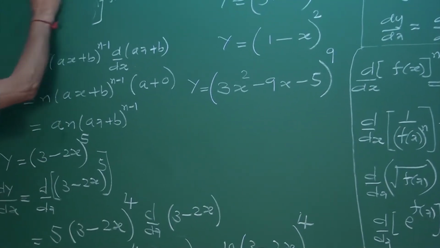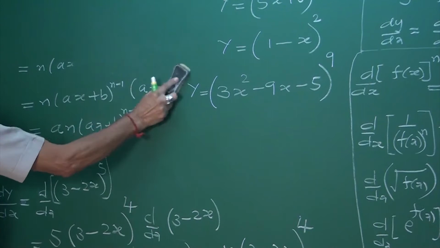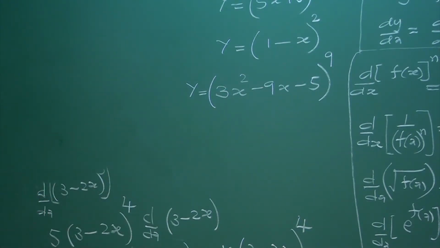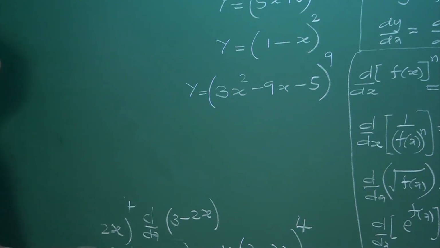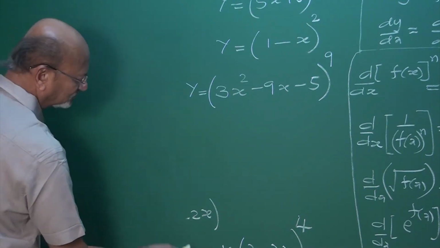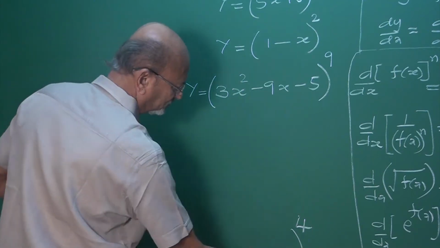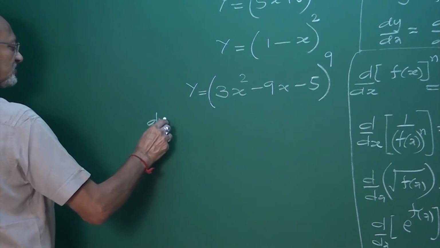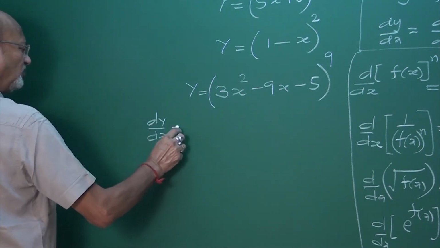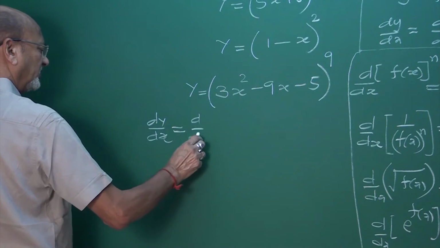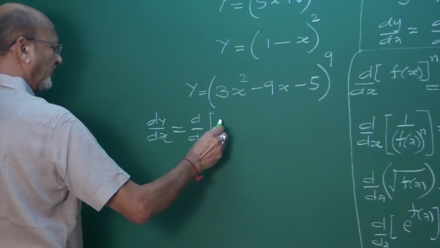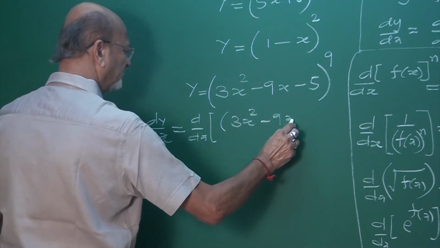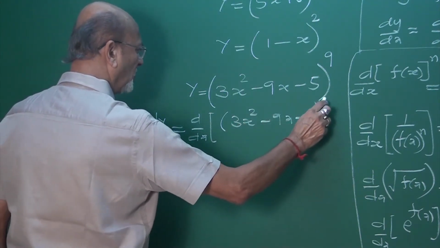Do it. dy by dx. If you want to write otherwise, directly write d by dx of the bracket (3x square minus 9x minus 5) to the power 9.